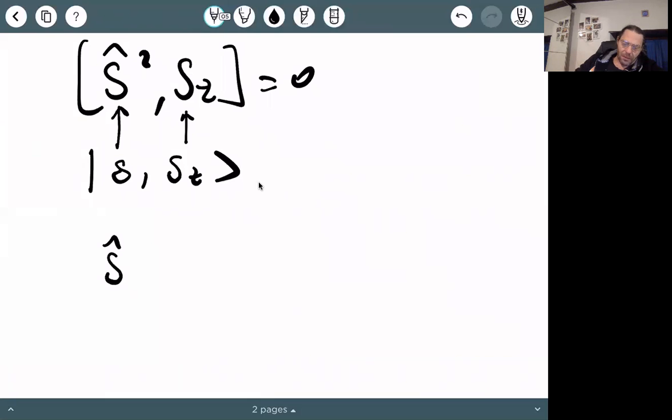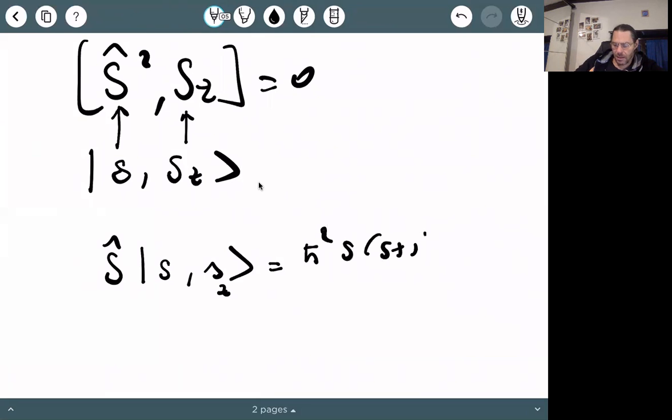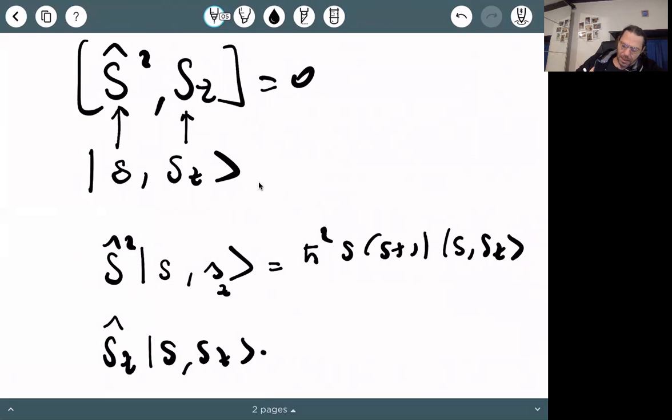And therefore, when I apply S squared to |s, m>, I get ħ² s(s+1) |s, m>, and when I apply Sz, I get ħ m |s, m>.